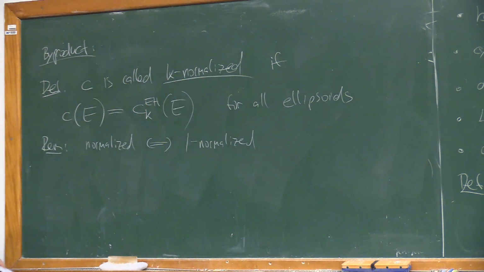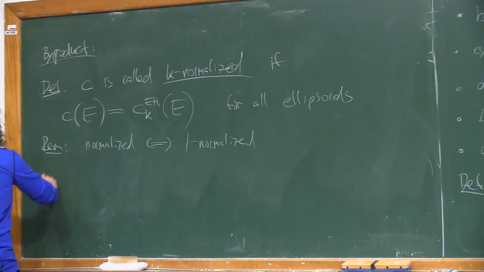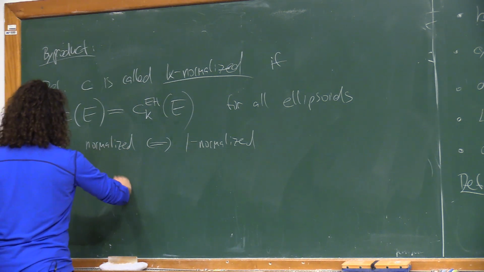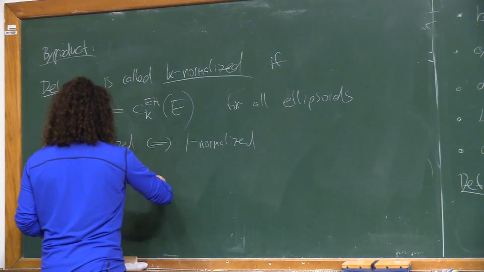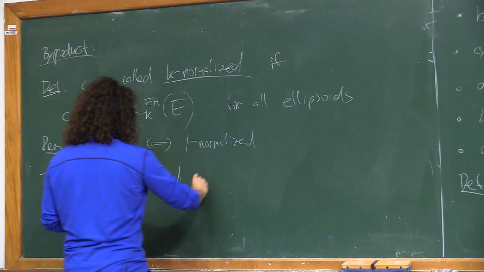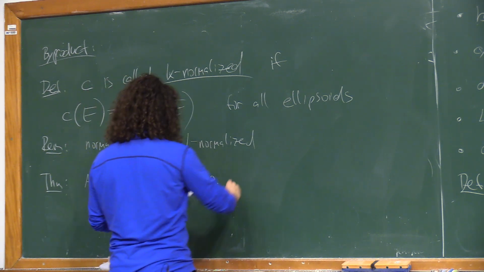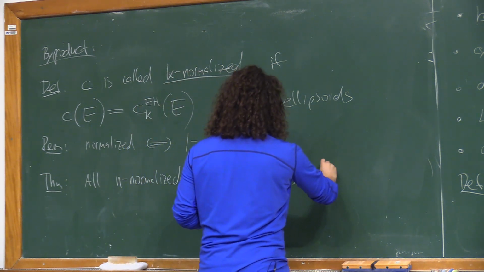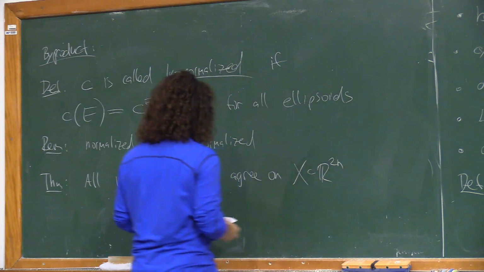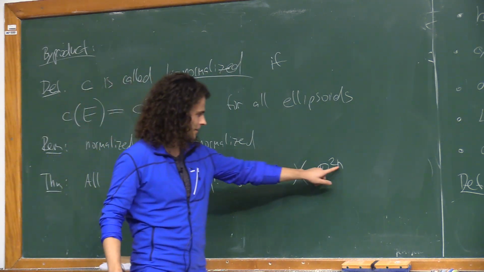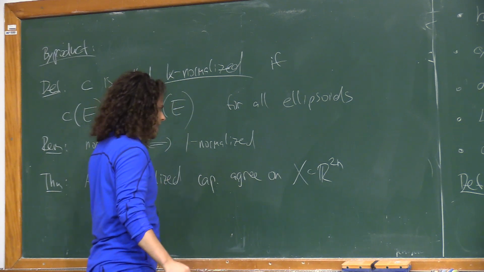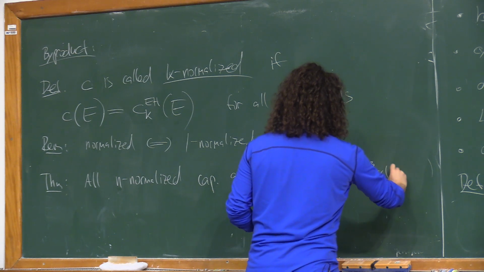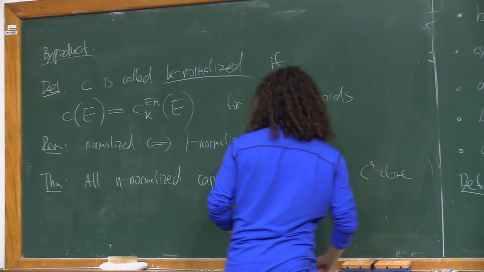And then something we can prove is the theorem that all n-normalized capacities agree on X inside Euclidean space. So here there's an n, which is exactly the n that shows up here, the n that's half the dimension, on all these X that are C3 close to the ball.